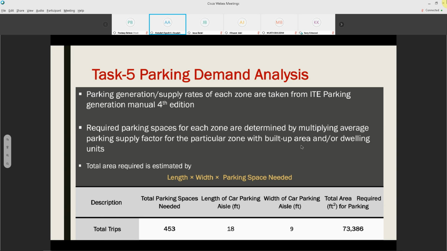Required parking spaces for each zone are determined by multiplying the average parking supply factor for the population zone with built up area and or dwelling units. Total area required is estimated by length divided by width divided by parking spaces needed.